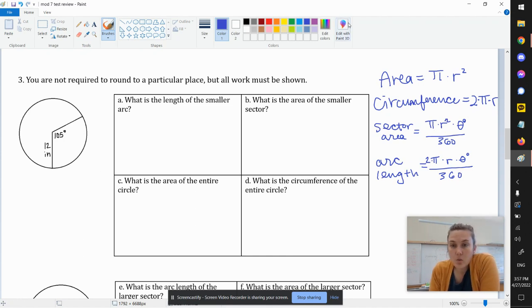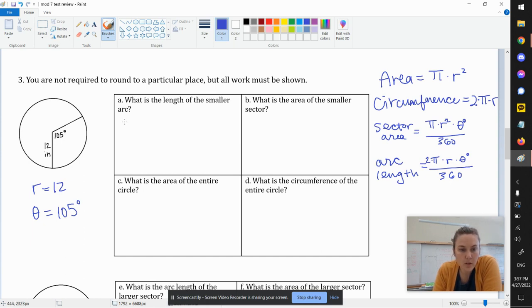But for each of these, the only 2 variables are radius and theta. So r and theta. What I want to do is, for my picture, find r, for my picture, find theta, and then plug it into these equations. My radius here is 12. My theta is 105. And I can just plug this in.